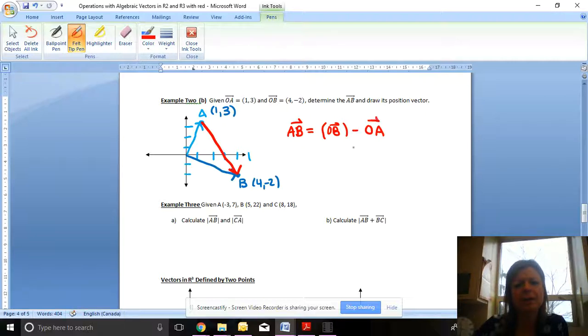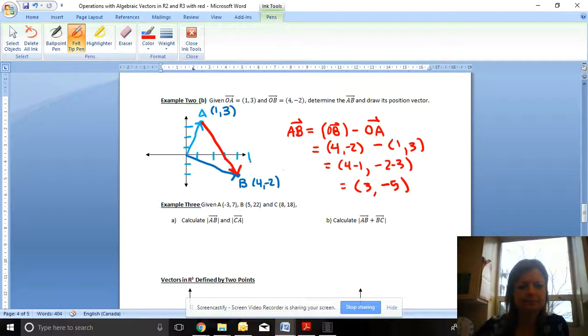I didn't need the brackets there, sorry. So it's going to be 4, -2, minus 1, 3. So you get 4 minus 1, -2 minus 3. So you get the coordinate 3, -5.